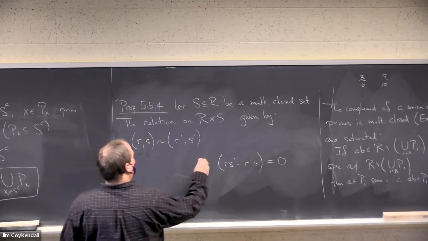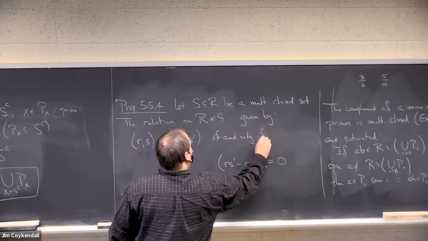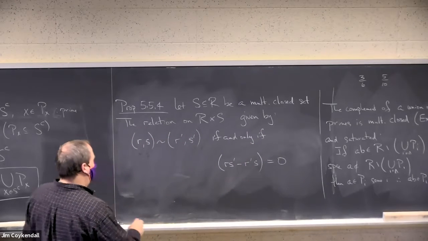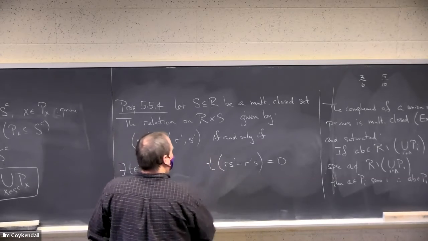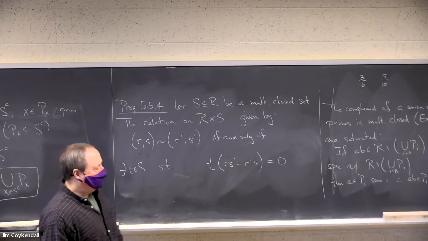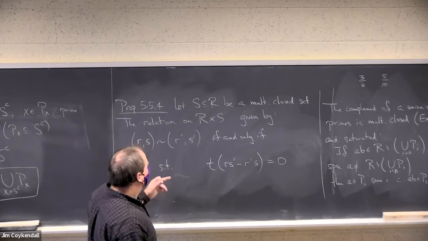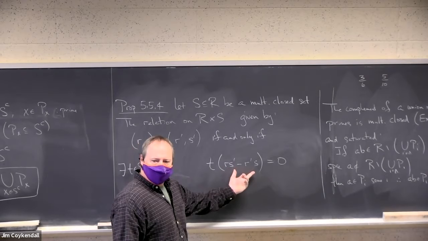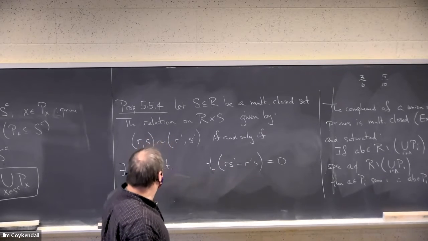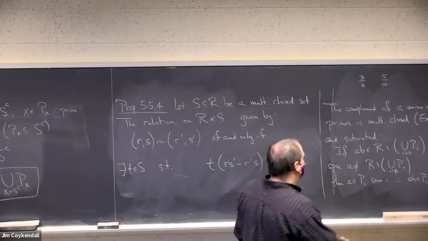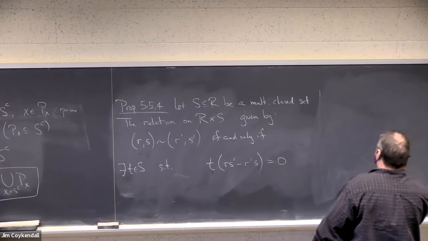So we're going to say this is true if and only if, almost this, but not quite, there exists a t in S such that t times (rs' minus r's) is 0. So this is almost like the cross multiple being 0. It's not quite good enough because I may be able to extract 0 out of this multiplicative set S. And you will see from the proof why this condition is needed.